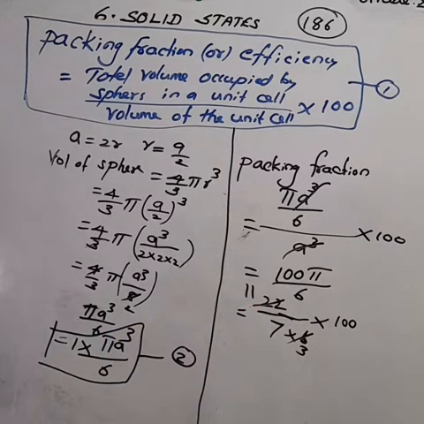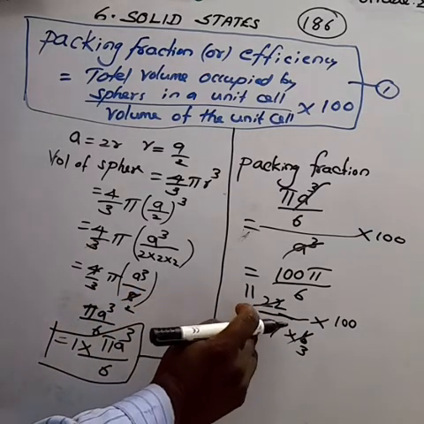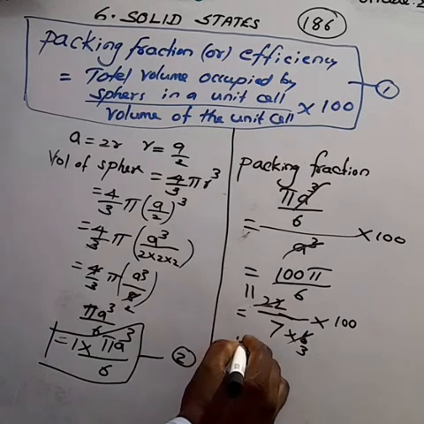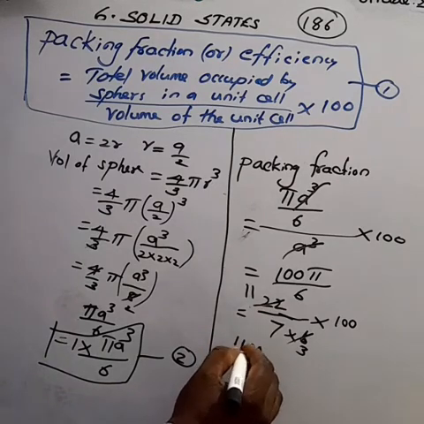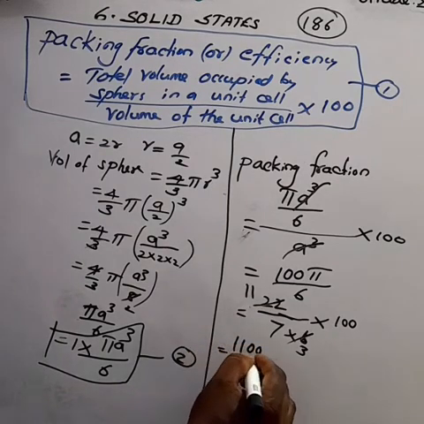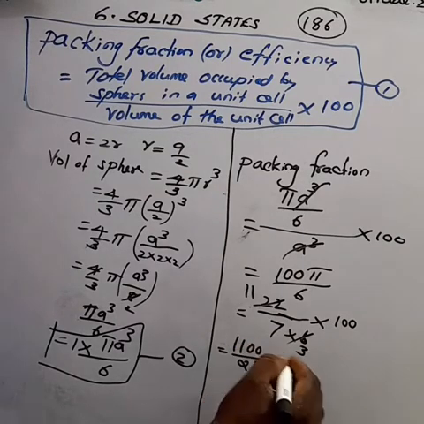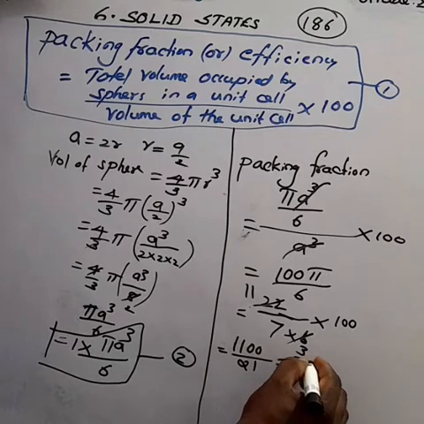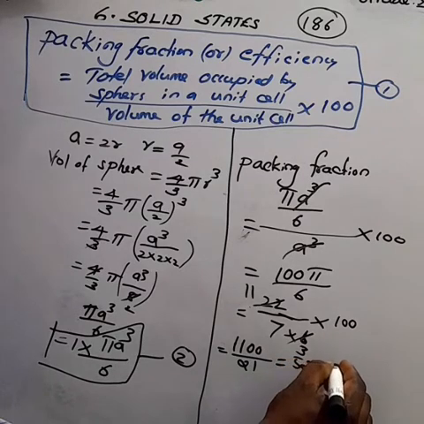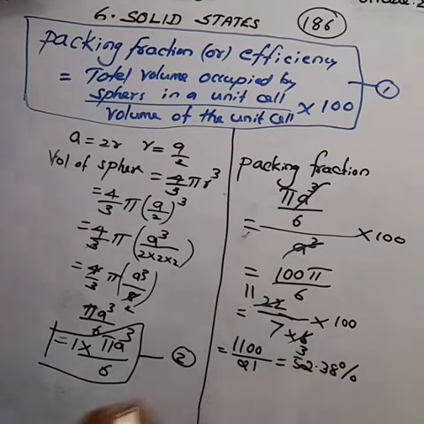So 100 into 11 is equal to 1100, divided by 7 threes are 21. If I divide, I get the answer 52.38%. Only 52.38% of the available volume is occupied by the spheres in simple cubic.